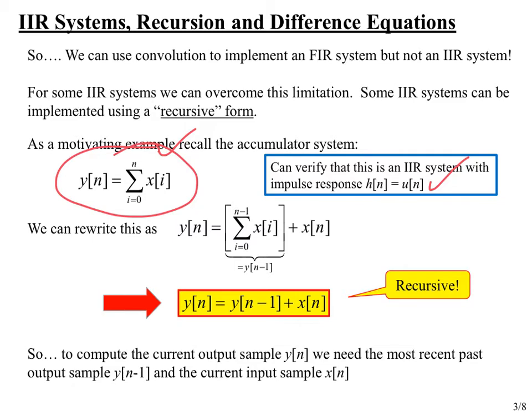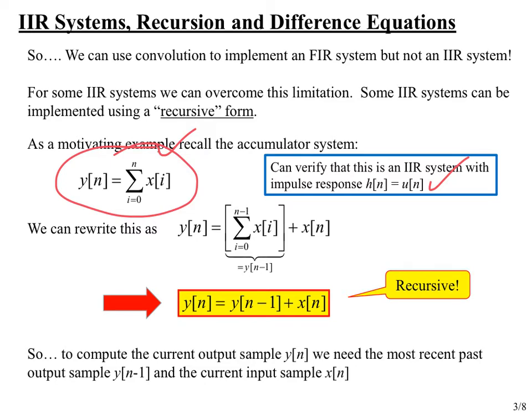But we know that since that is an IIR impulse response, that is not really a good way for us to implement it in general in our system. But for this particular one, we can play a little trick.